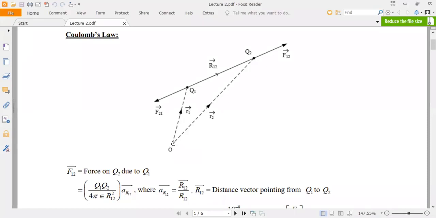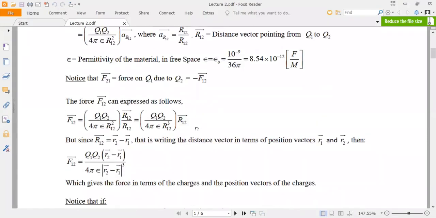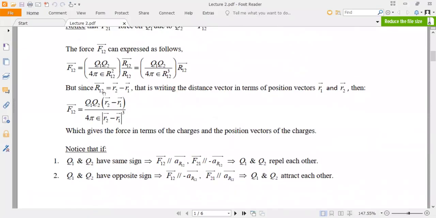We know that the position vector R1 plus the distance vector R12 must be equal to the position vector R2. Therefore, your distance vector R12 is nothing but your position vector R2 minus your position vector R1.